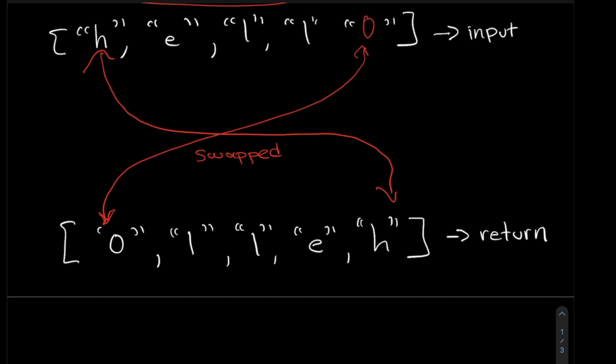And that's the same thing that happened to where E used to be and where L used to be, until we get to the middle point, that's L. And we'll take a look at why that is exactly. But the first thing you want to notice is that these letters are basically swapped. And we're going to figure out a way to actually swap them.